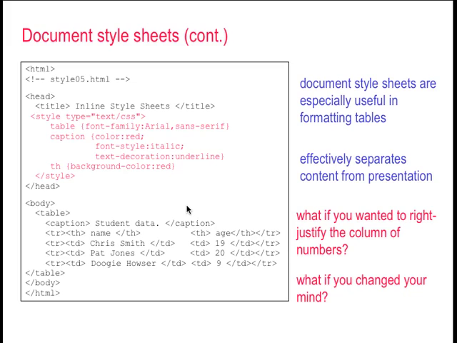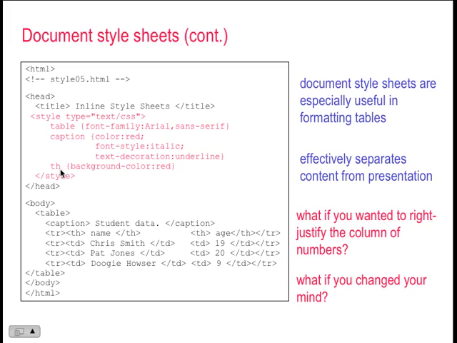Going back to the concept of the tables that we looked at last week, we could have the caption. This particular example is kind of trivial, but you can actually cut and paste the code, put it in a text file, and run it. What you're going to see is a table with a title on top, a caption that's in italics and underlined, and the background of the table header red.